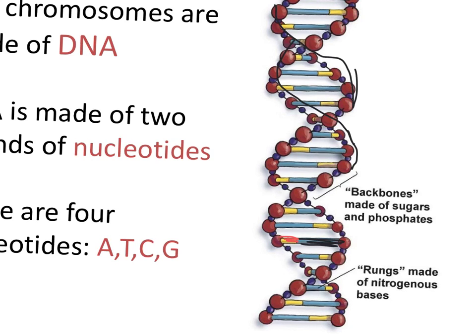They code for proteins. And the proteins are the things that form the traits, whether it's anatomy, physiology, behavior, development, any of that stuff. And so the genes themselves are turned on and turned off, but not like an on and off switch. And we'll get to that in a second.